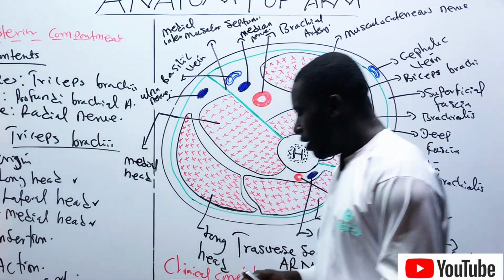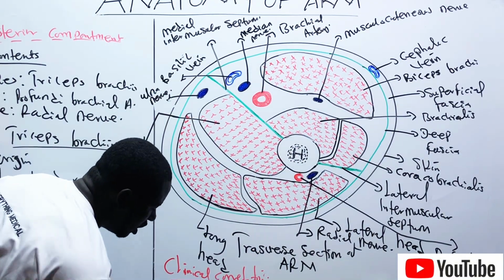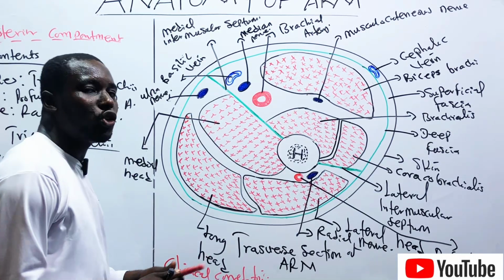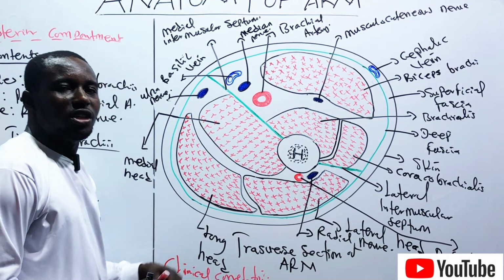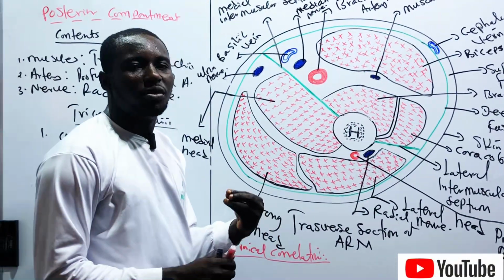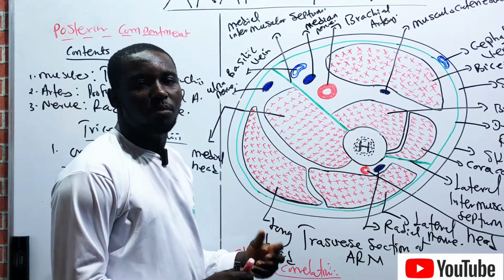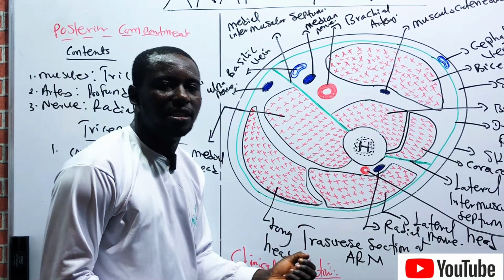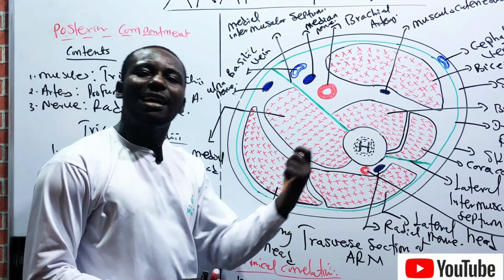So the next clinical correlation is injury to the radial nerve. But injury to the radial nerve does not lead to complete loss of extension of the elbow and triceps reflex, because the long head of the triceps brachii is innervated by the radial nerve in the axilla.